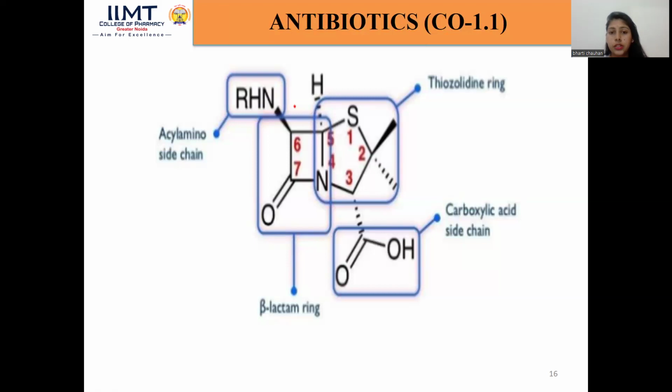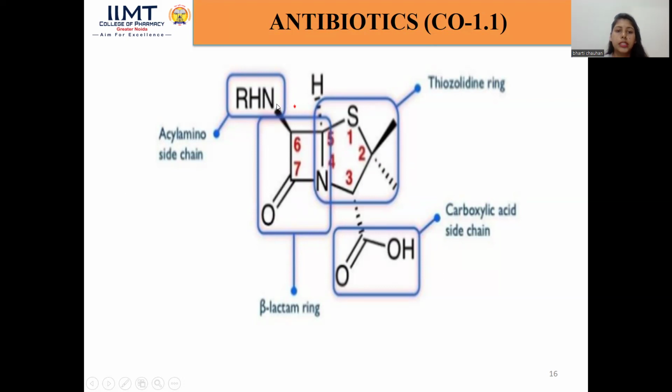This is the basic structure of penicillin you can see here. First, a 5-member ring, which is called the thiazolidine ring. It contains a sulfur group. Second, a carboxylic group is attached on the third position of that thiazolidine ring, fused with the beta-lactam ring.